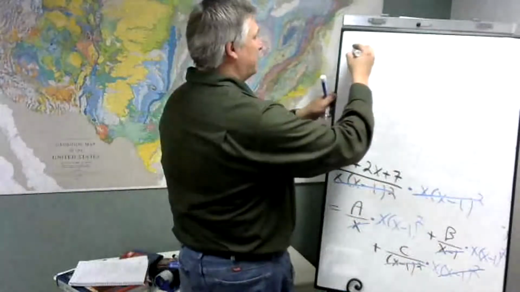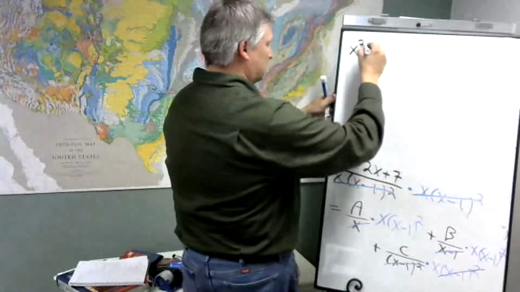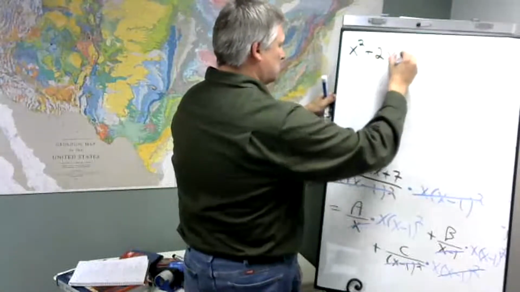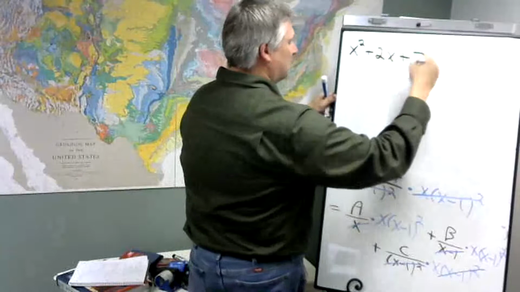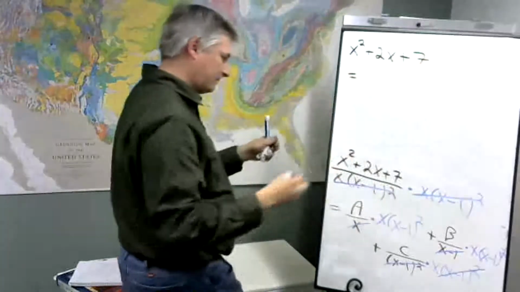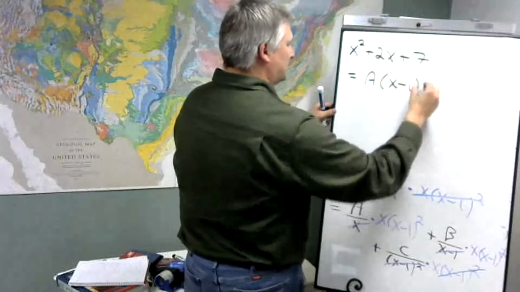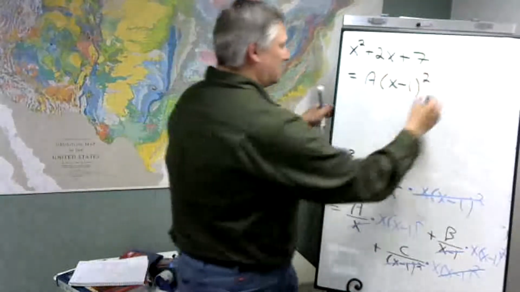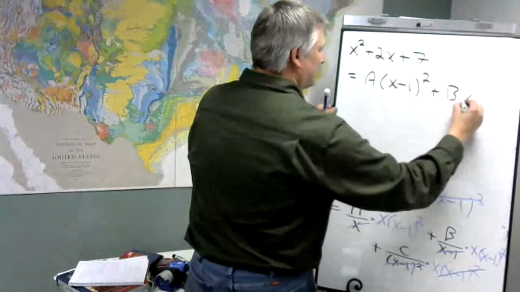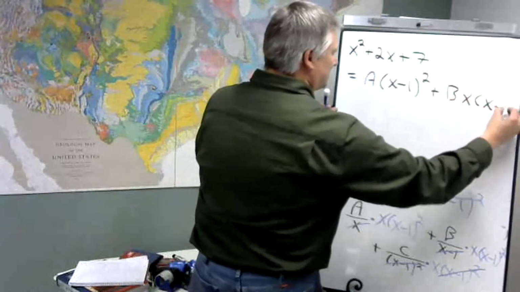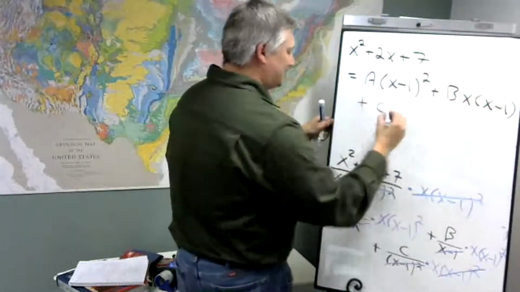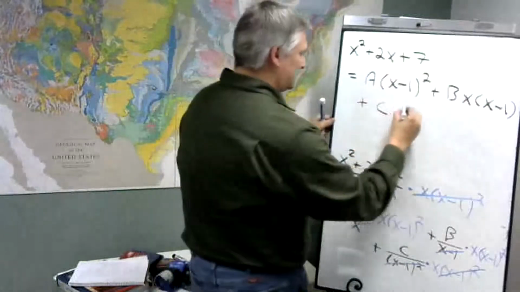So what we're left with is A times x minus 1 squared plus B times x minus 1 plus C times just x.